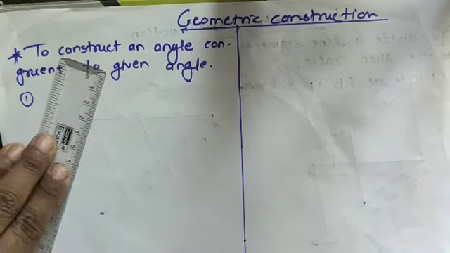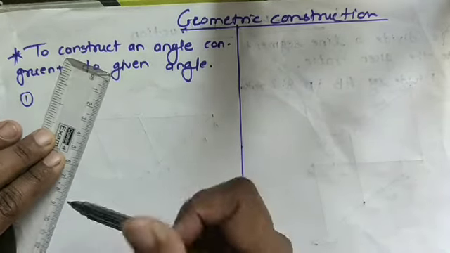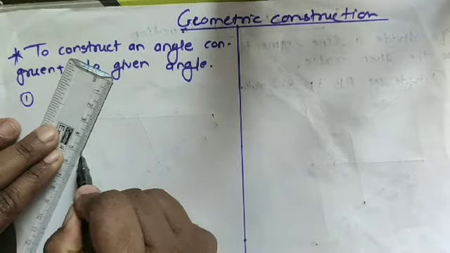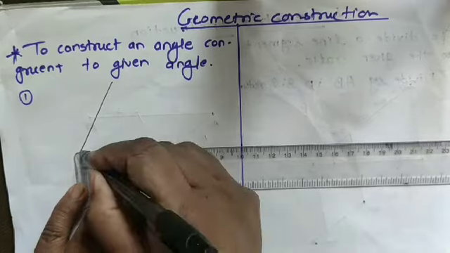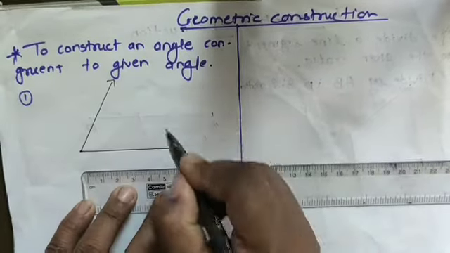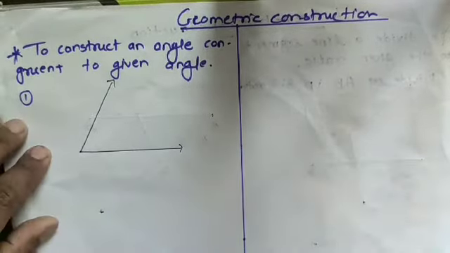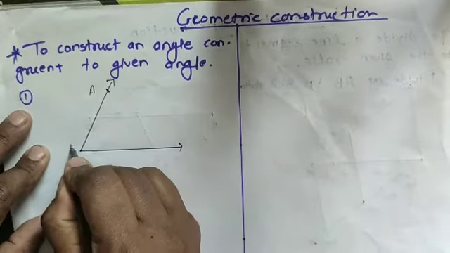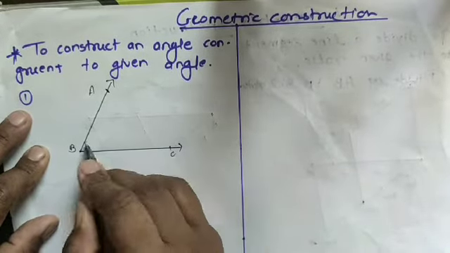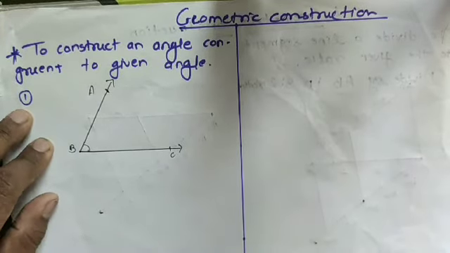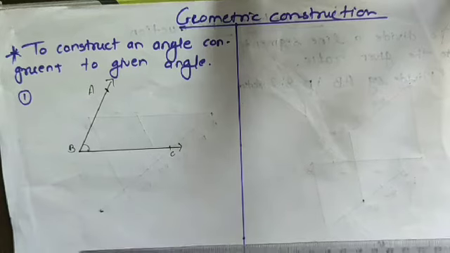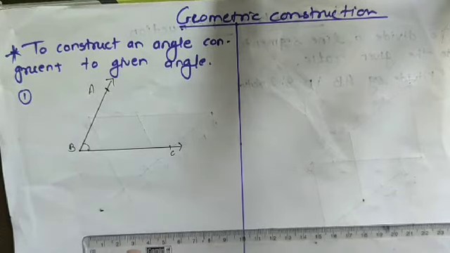So first of all I will draw one angle here. Suppose this is an acute angle I am going to draw. This is angle ABC. I don't know the measure of angle ABC, okay, but I have to draw the angle which is congruent to angle ABC.